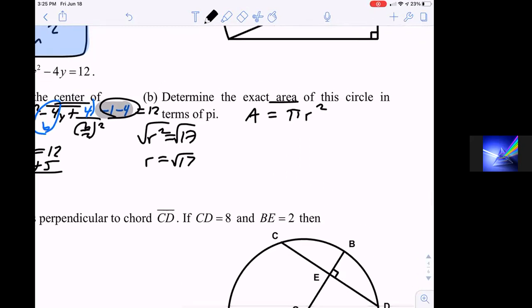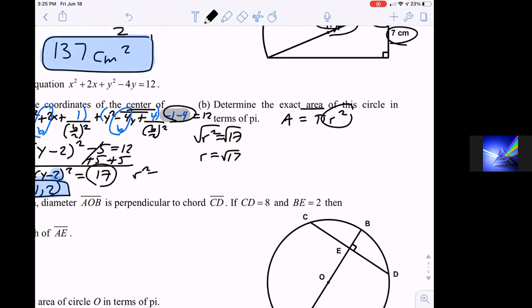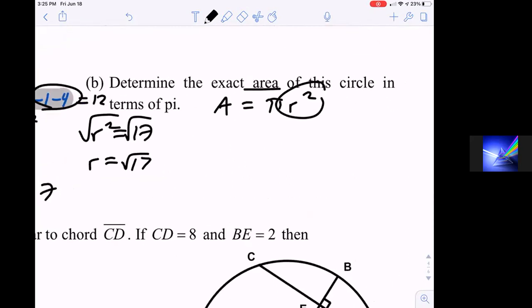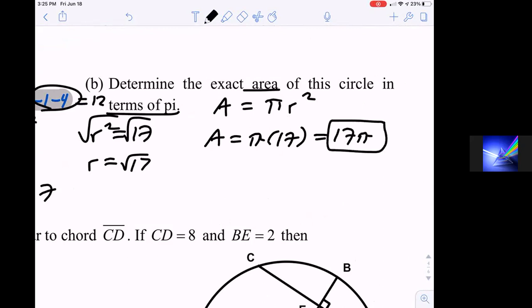And I can actually just replace r squared with 17. So since r squared equals 17, I'll just replace that, make it even easier. So area is equal to pi times 17. And so we're supposed to leave this exactly in terms of pi. The area would be 17 pi. The question doesn't tell us what the units are, so just square units.